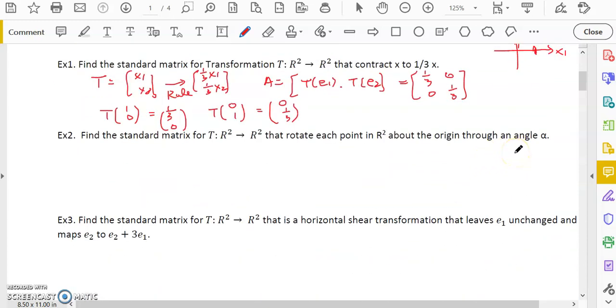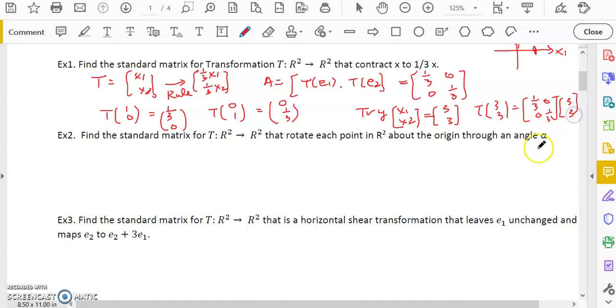And we can check it. Say, for example, my input x1, x2 is 3, 3. What is T of 3, 3? I multiply the matrix 1/3, 0, 0, 1/3 by 3, 3. Remember how to do matrix multiplication?